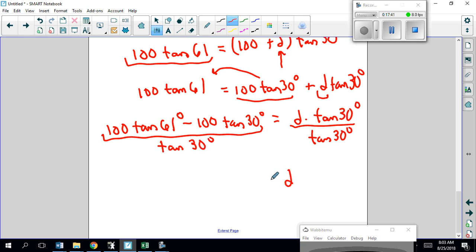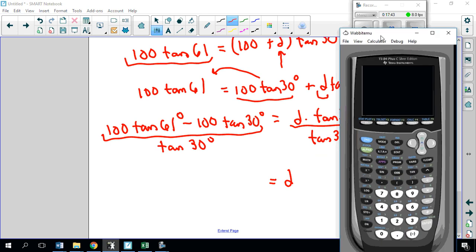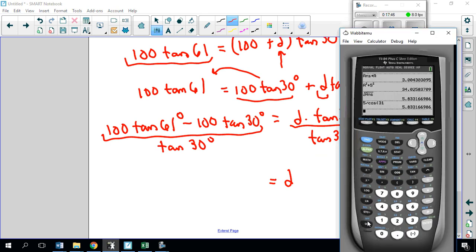And we get d to be, all right, here we go: parenthesis, 100 tan 61, minus 100 tan 30 degrees, close the parenthesis for the numerator, divided by tangent 30, close it off, enter, 212.470.